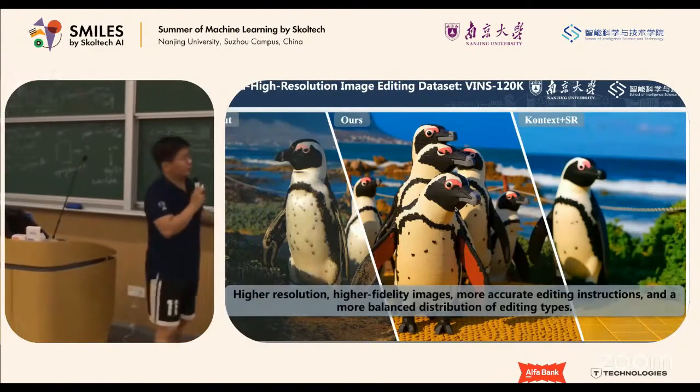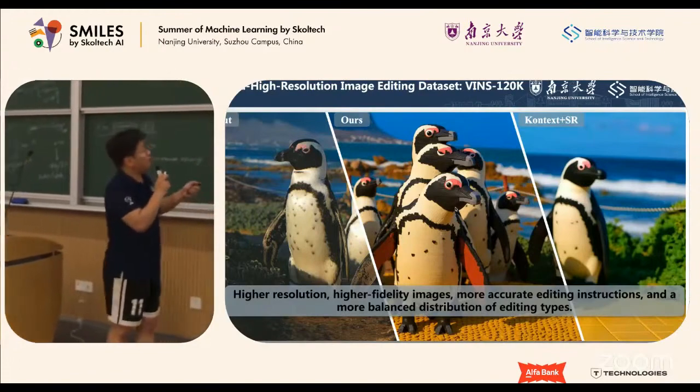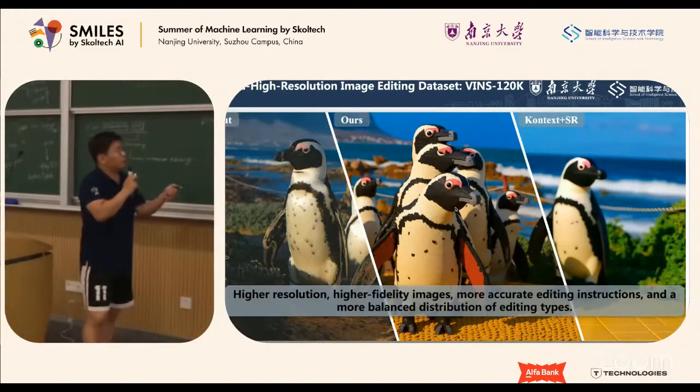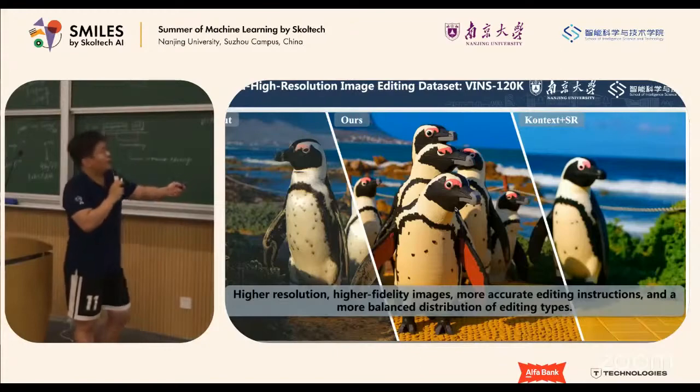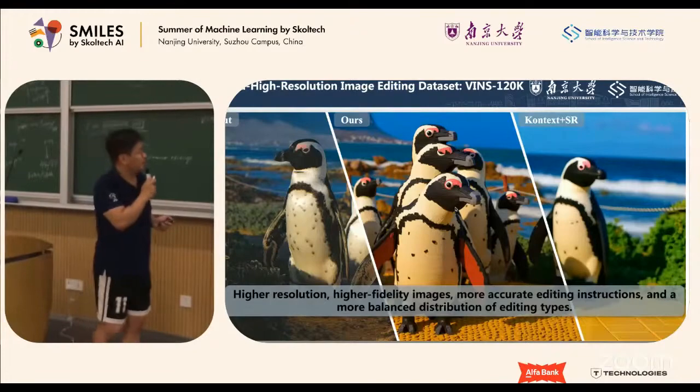We collect the WINS 120K dataset, and then we use this data to fine tune a model. The middle part is the results of our model trained on WINS, and the left part is the input original image.